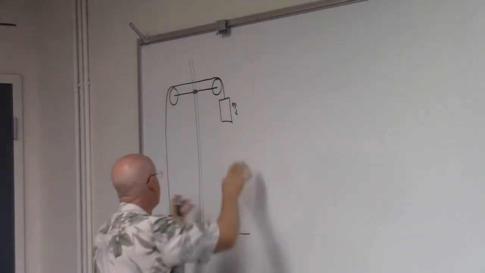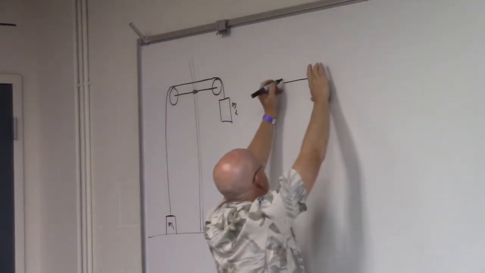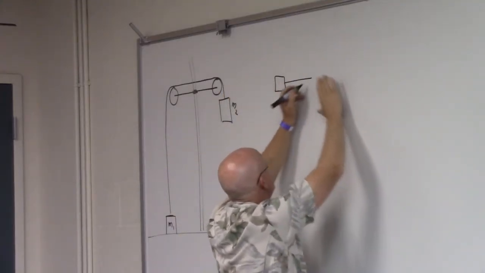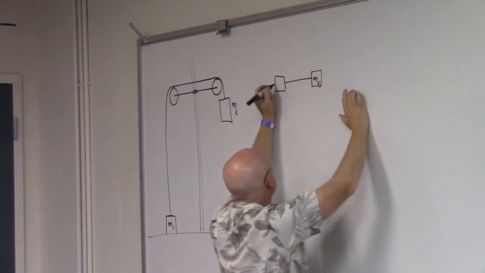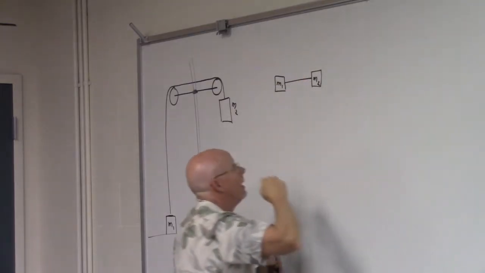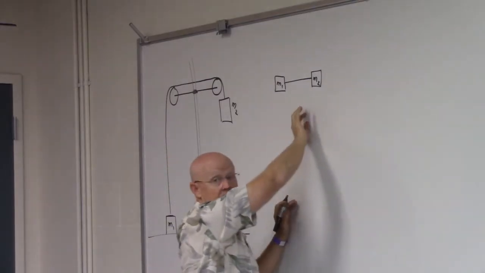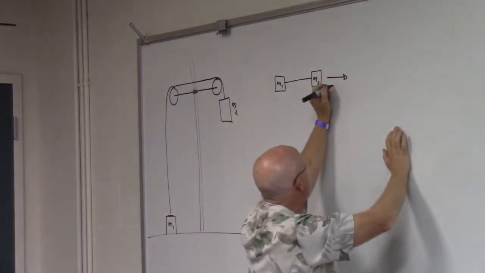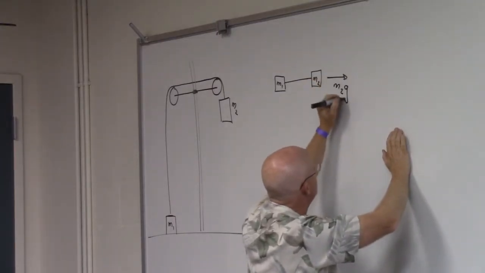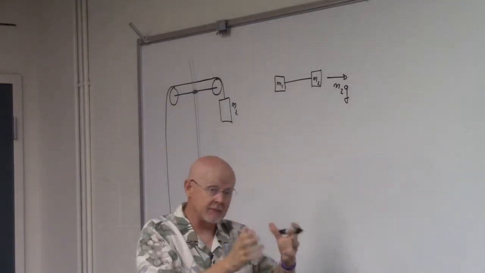I like to say, imagine taking these weights and straightening them out. I would say that this one is being pulled to the right by a force of m2g. And that's how we calculate the weight, mass times g.